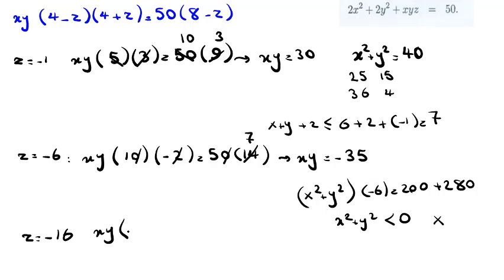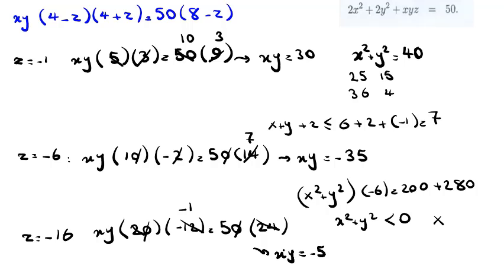The last case, we should check z equals negative 16. xy times (4 minus z) will be 20. 4 plus z will be negative 12. It will be 58 minus z will be 24. And we can cancel these. 2, negative 12 will be 12. 24, negative 1. So xy will be negative 5.